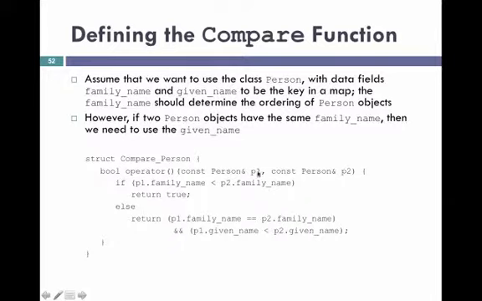It takes P1 and P2, each as a reference to a person object, and we first compare the family names, and if P1's family name is less than P2's family name, we return true. Otherwise, if the family names are equal and the given name in P1 is less than P2's, we return the Boolean result of this expression as the result of the comparison of these two person objects.